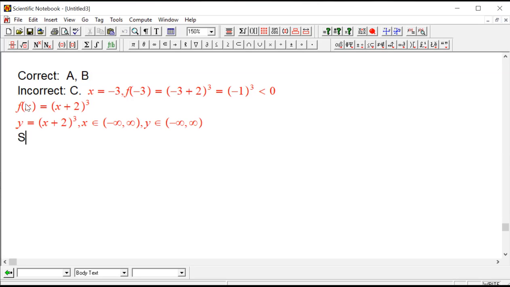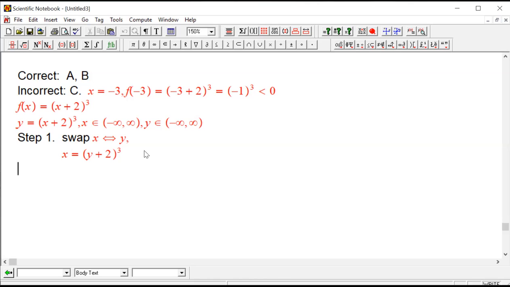So step 1, swap x and y. Right here we're going to swap: x becomes y, y becomes x. So this becomes x and this becomes y.